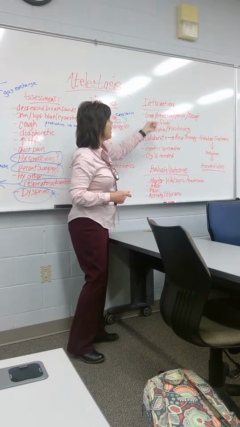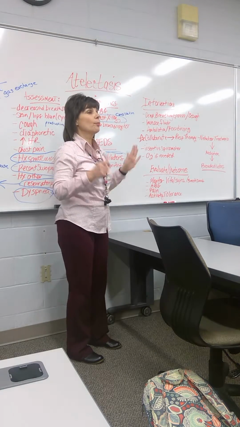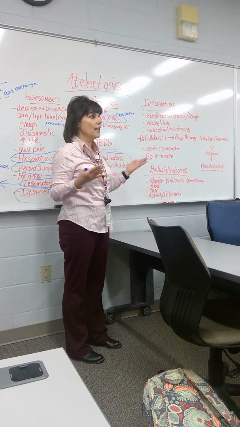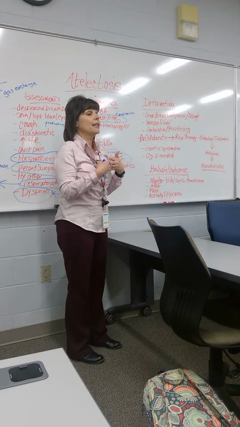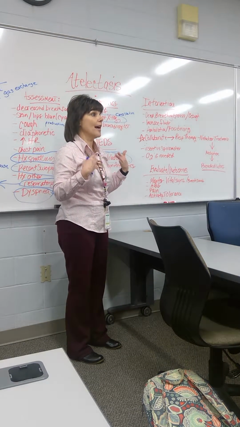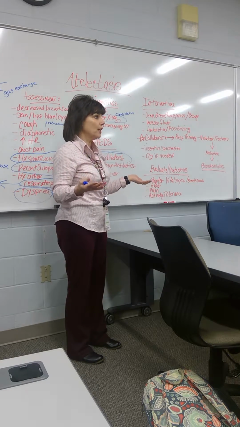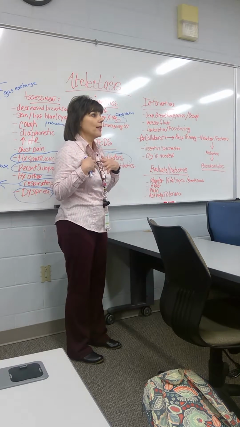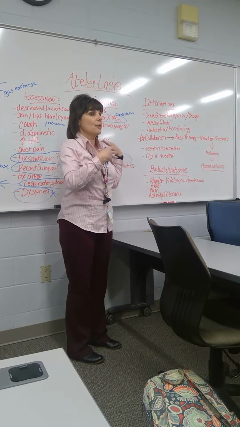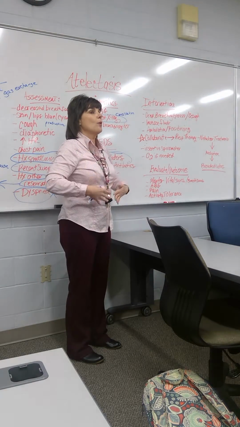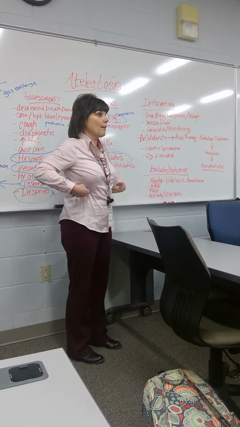Interventions. Okay, so deep breathing. Your book talks a lot in a lot of different places about breathing retraining, which is basically focusing the patient on how they're breathing. People who have chronic lung disease tend to breathe up here. We've got that overinflation of the chest. They tend to breathe from the top, and we need to teach them how to do diaphragmatic breathing.